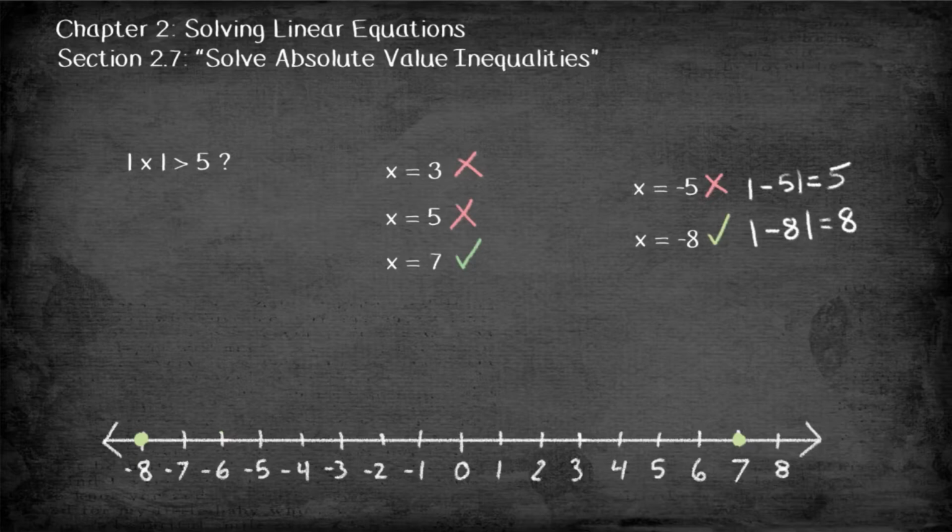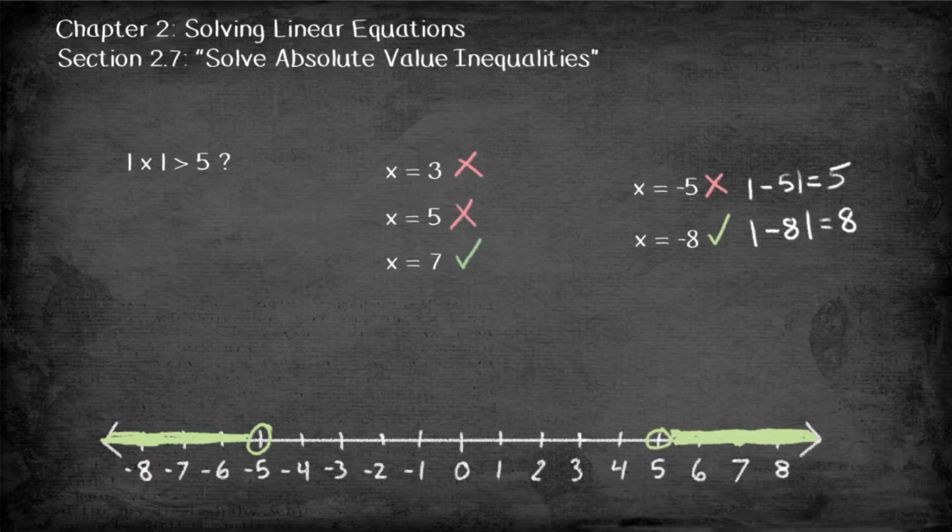Any of the negative numbers to the left of negative 5 are going to satisfy this inequality because they're getting larger in absolute value. Similarly, everything to the right of 5 is going to be greater than 5.